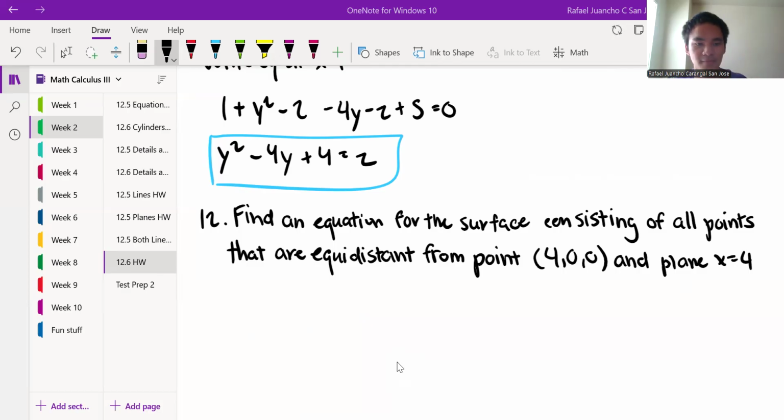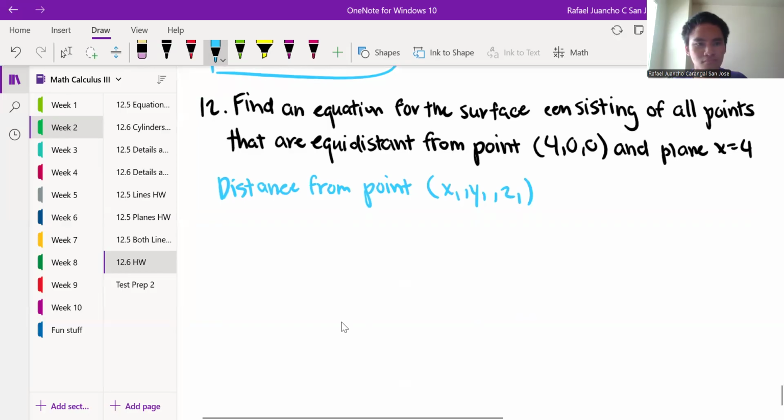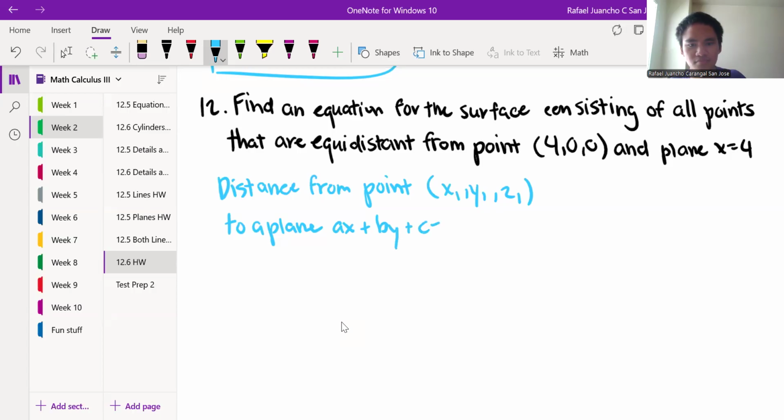There's a formula. Okay, so you want to recall some formula for a distance from a point to a plane, which I think we did cover. Yeah, it was some formula. And then this is some plane.